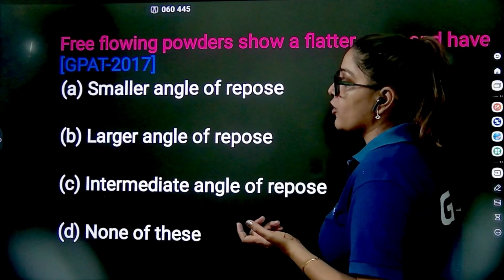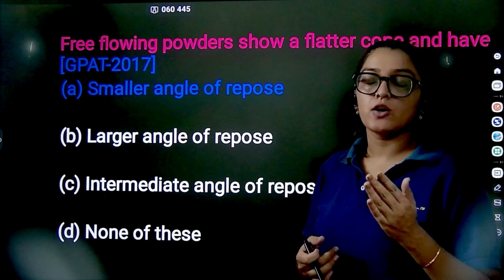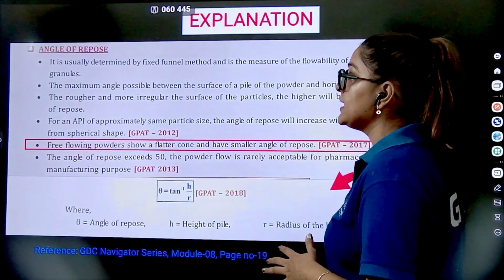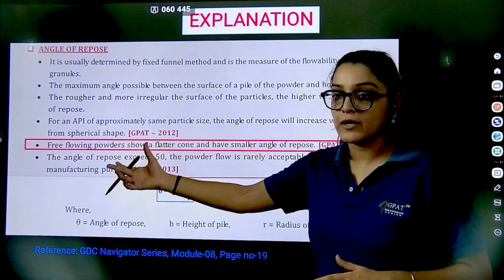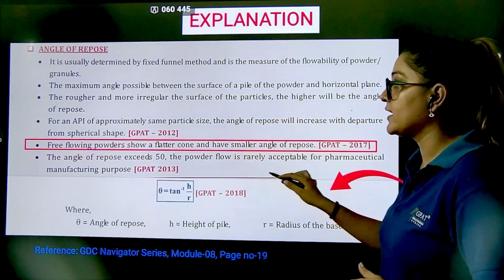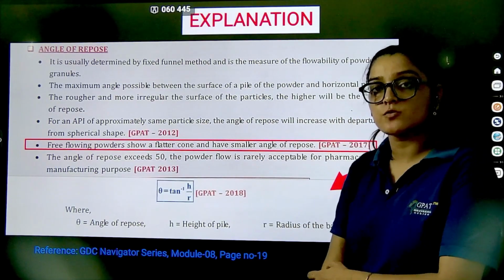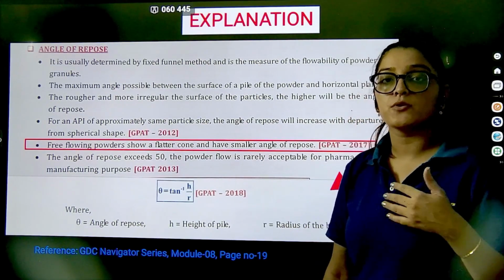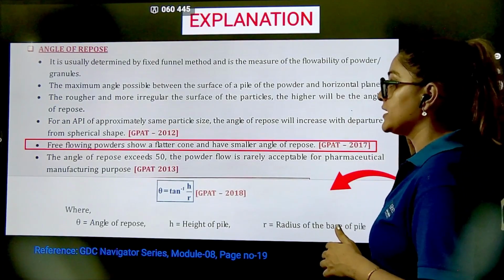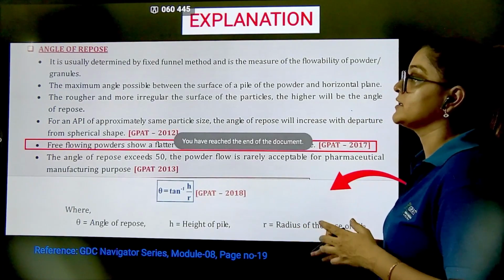That means it will offer a smaller angle of repose, right? So we have option A as the correct answer. Free flowing powders do show a flatter cone and will have a smaller angle of repose. If the value increases up to 40-50, that means the angle of repose is very high and the powder flow will be considered poor.